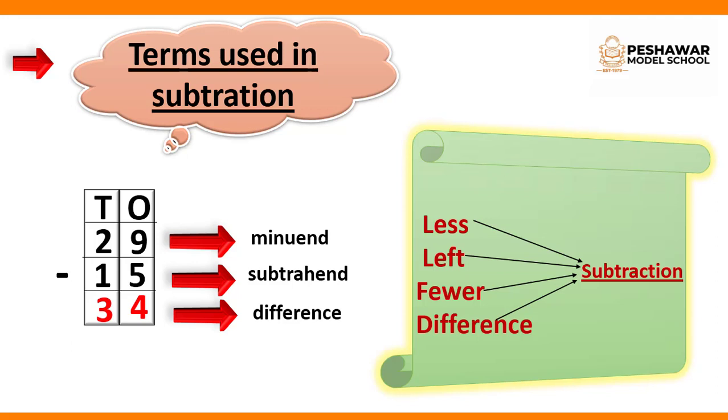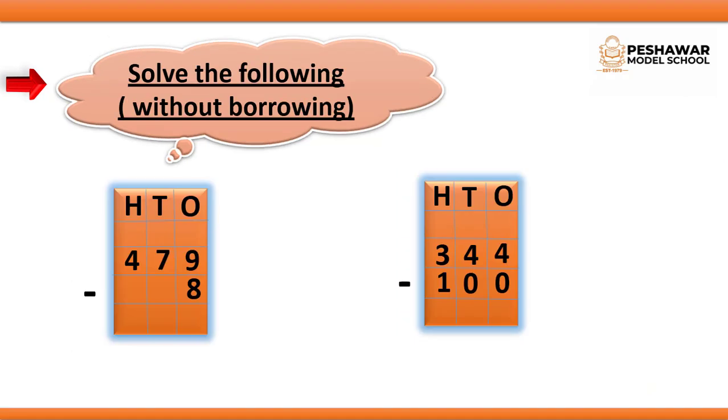Now let's find the difference of the following without borrowing. Dear students, here we have some questions which are written vertically along with their place values. Question number 1: 479 minus 8.